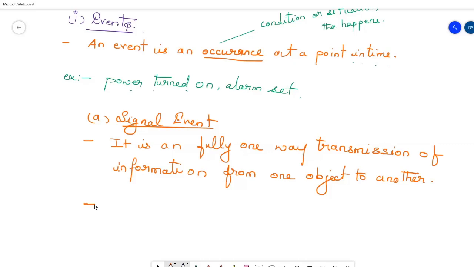Now, this signal event can be either a sending signal event or a receiving signal event. It means the transmission of data has occurred only once.